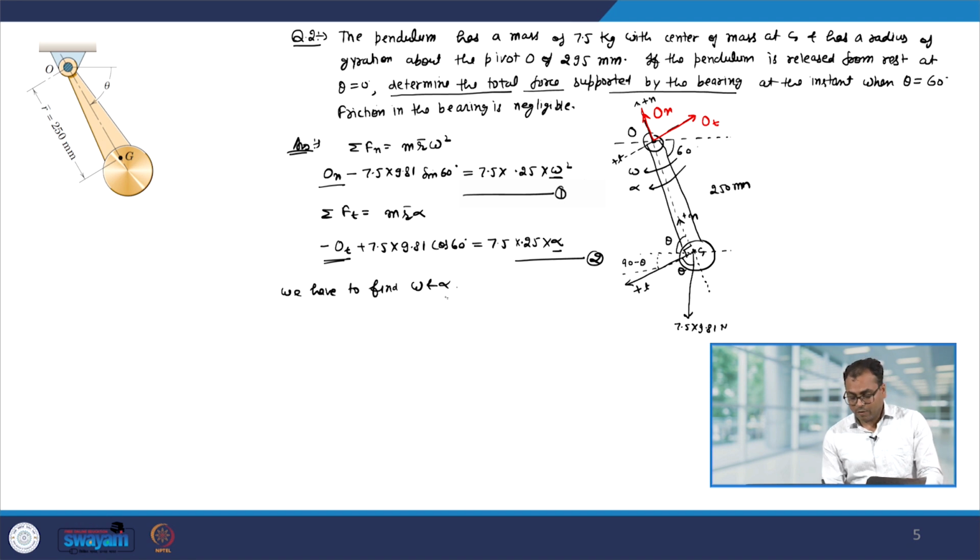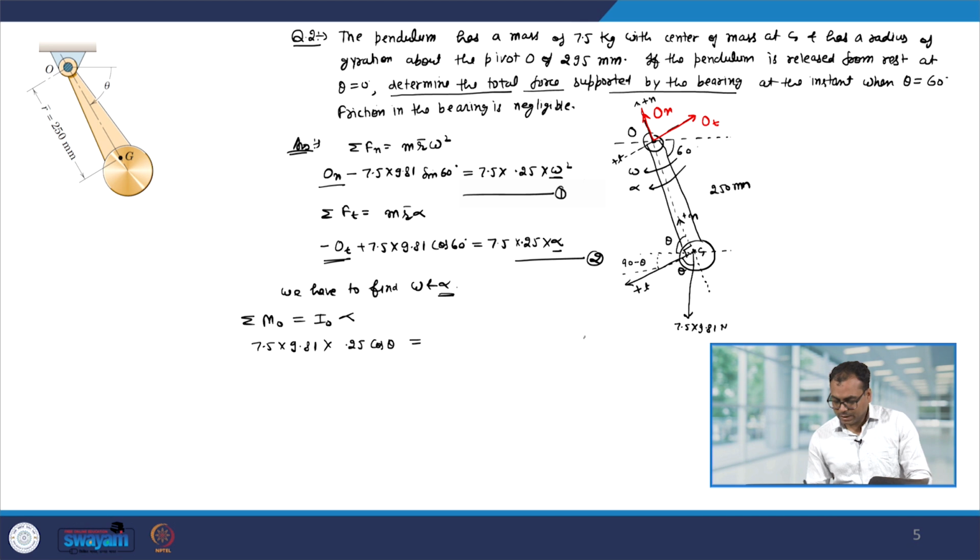Now, alpha I can find out by taking the moment about O. So, we know that summation, the moment about O will be I O into alpha, where I O is the moment of inertia about O. So, M O will be 7.5 into 9.81 into the perpendicular distance of the weight, so that is 0.25 cos theta, equal to I O alpha. It is given that the radius of gyration is 295 mm.